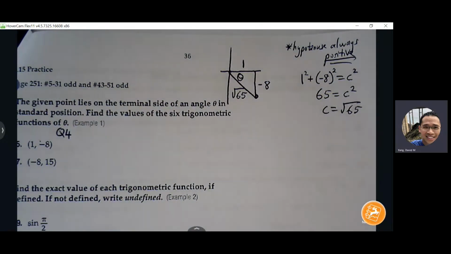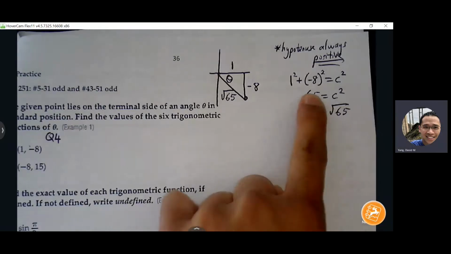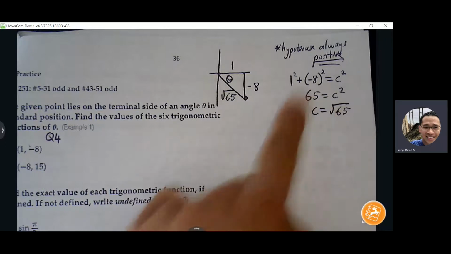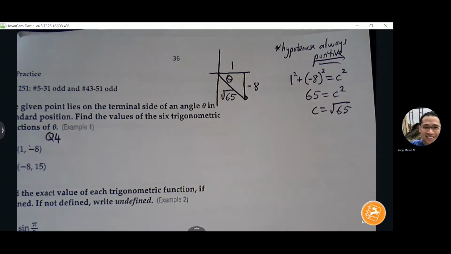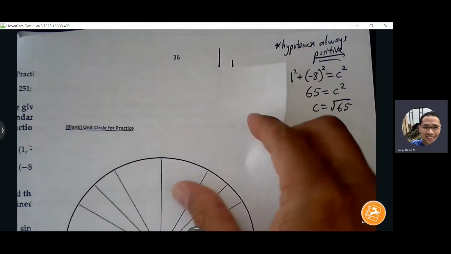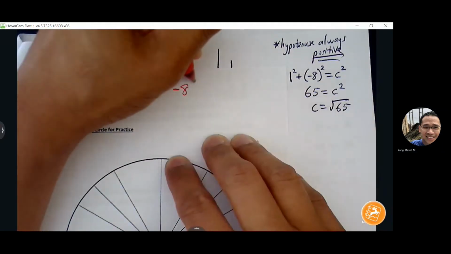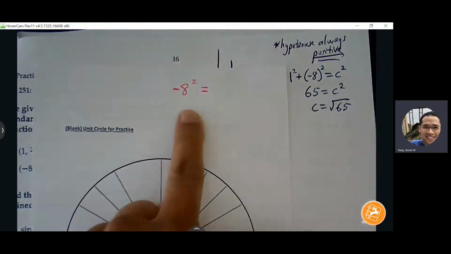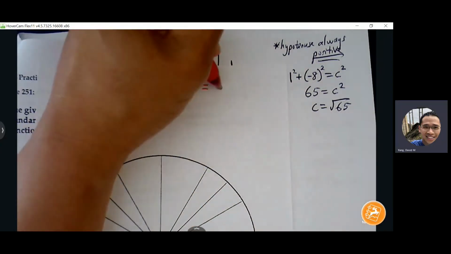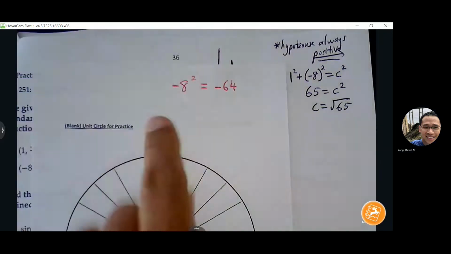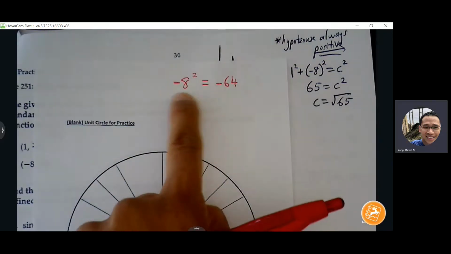Something that students brought up was that some students were trying to square -8 and kept getting a negative number. I want to point out what the calculator is doing. If you enter -8 squared in the calculator, it's going to give you -64, because the calculator doesn't know that you want to square -8.